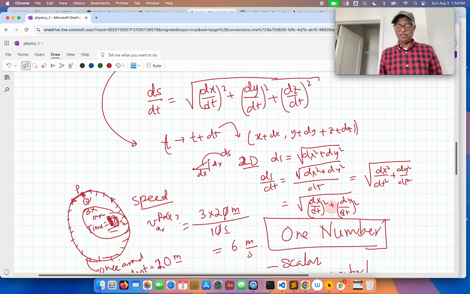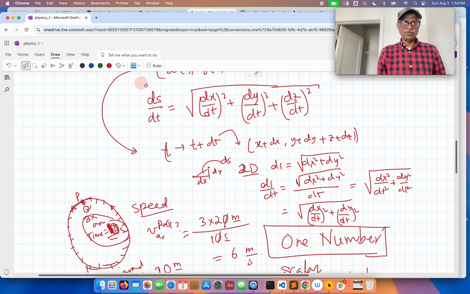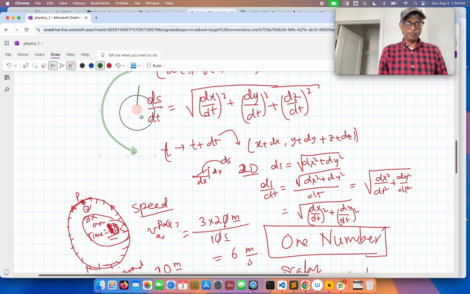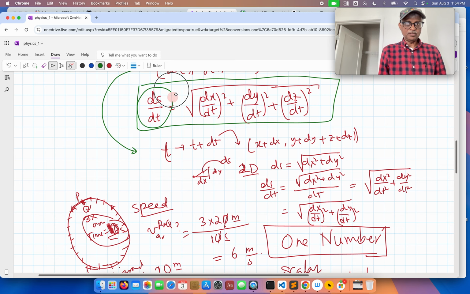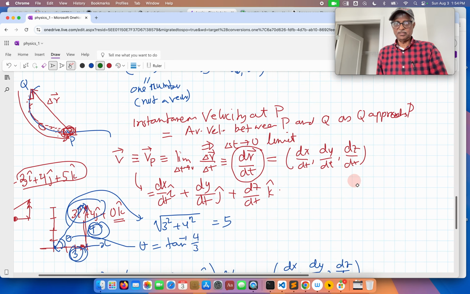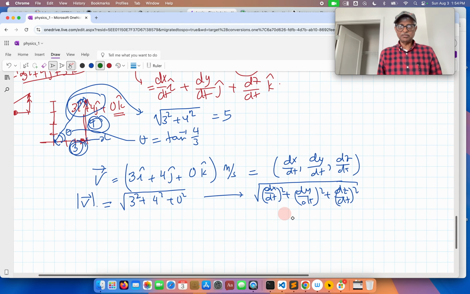Instantaneous speed has the same formula as the magnitude of the velocity. So this is the same thing as ds over dt, the same thing as instantaneous speed.